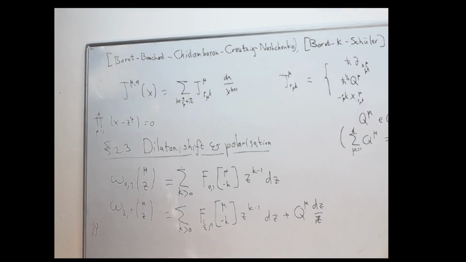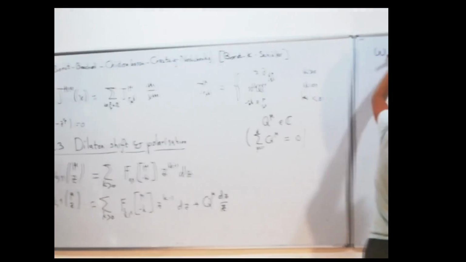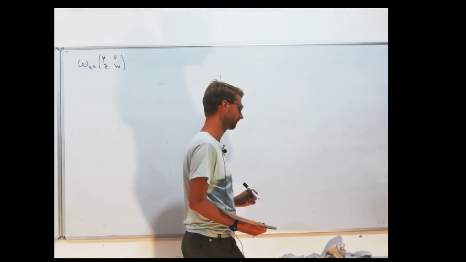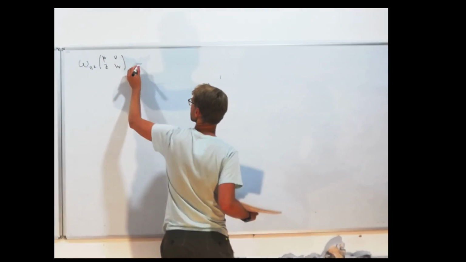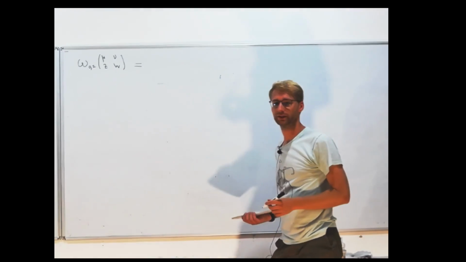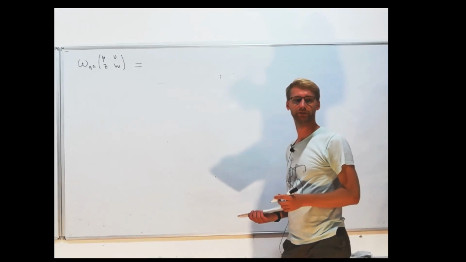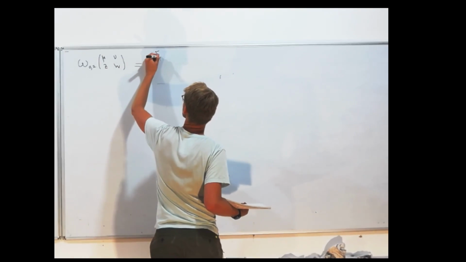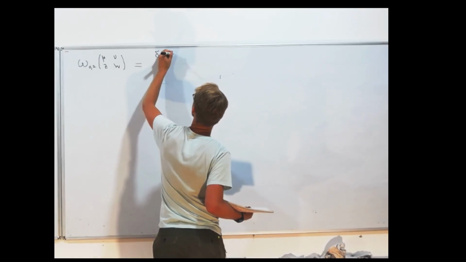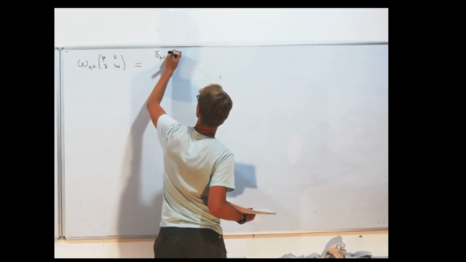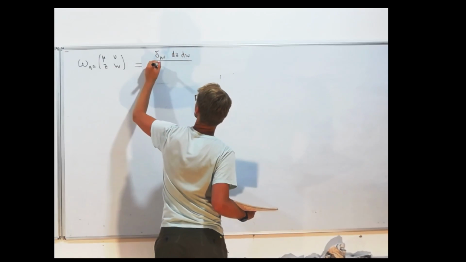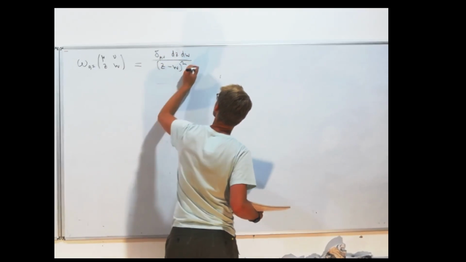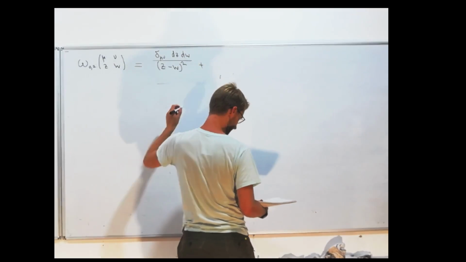Now, for omega 0, 2, of course, we need 2 arguments. So that's going to look like this. We also know that omega 0, 2 will always have to have this double pole on the diagonal. So let's start with that. Now, of course, for a diagonal, we also need the sheets to be equal. And then it's just a standard thing. And we've got a large sum.